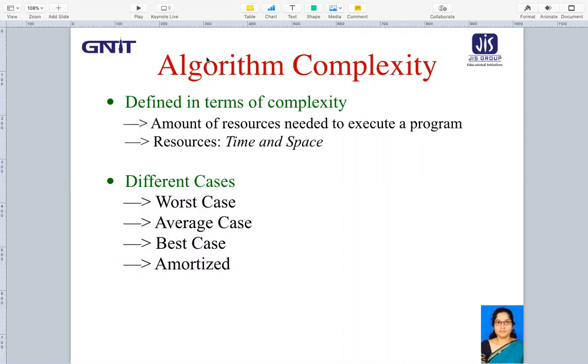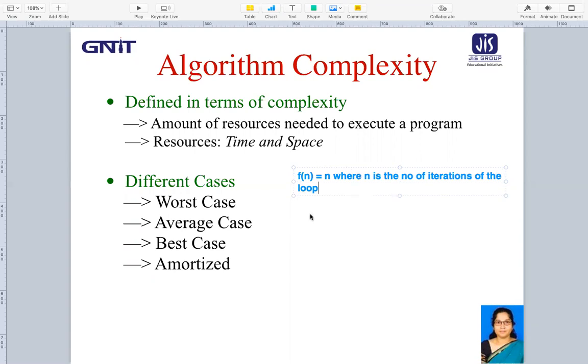And there, if you remember, we have represented it in the form of certain kind of functions. So we have represented it like f of n equals n, where n was the number of iterations of the loop.